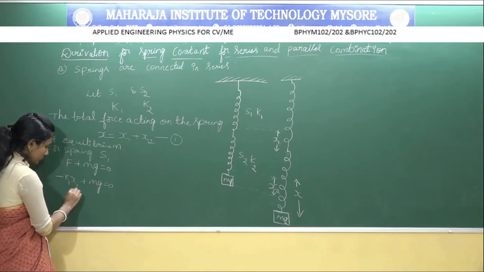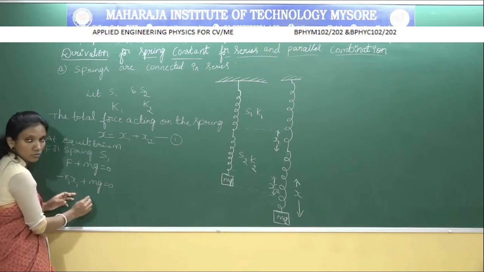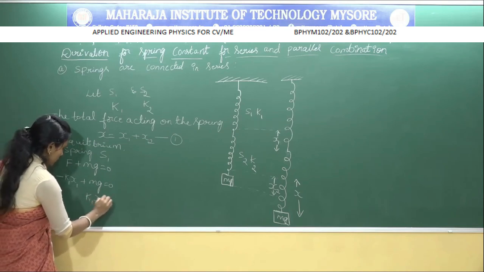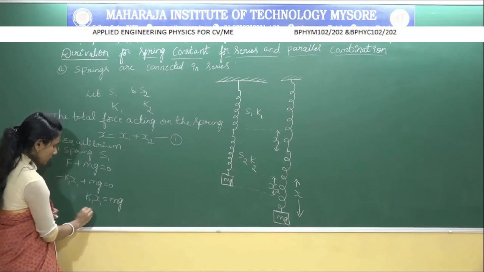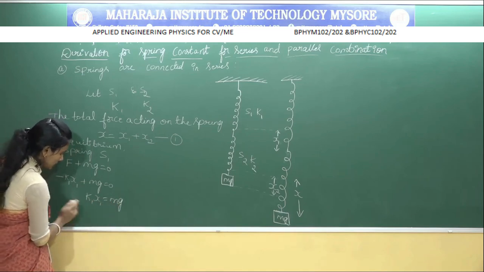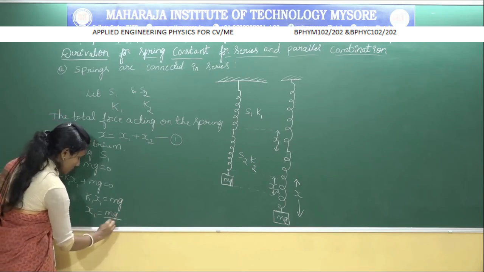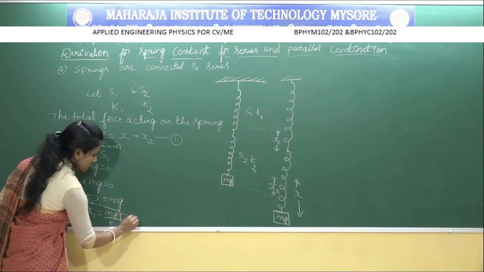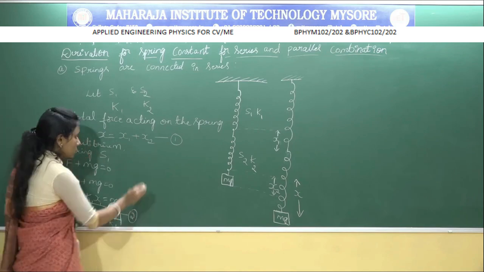Keeping it in terms of x1, K1 x1 is equal to mg. So x1 is equal to mg by K1. Name it as equation 2.